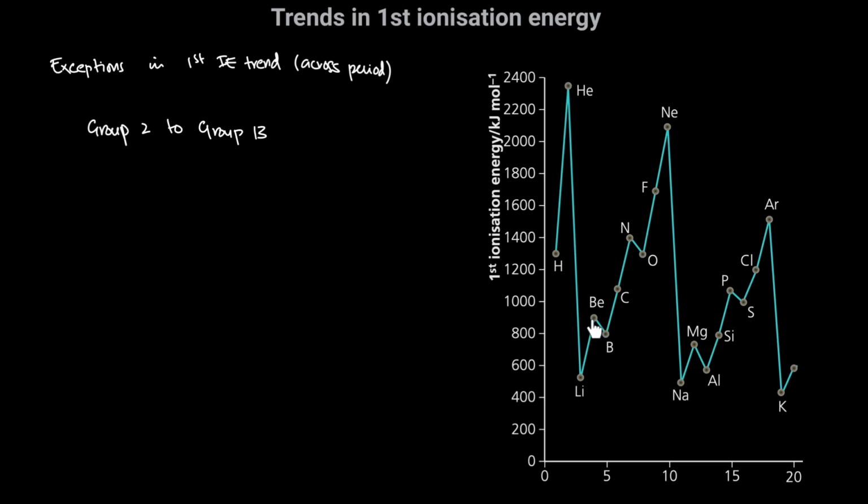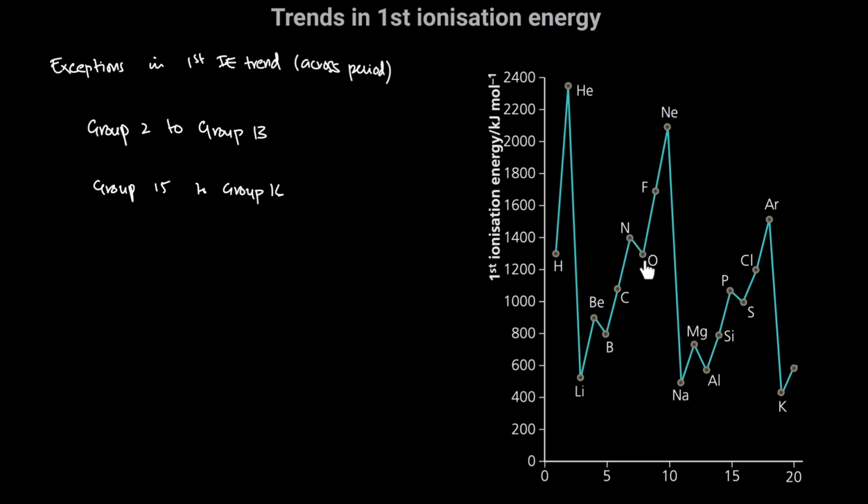When we go from beryllium to boron, or from magnesium to aluminum, we see a decrease in the first ionization energy. And the other exception that we see is from group 15 to group 16. That's the decrease that we observe when we go from nitrogen to oxygen or from phosphorus to sulfur.